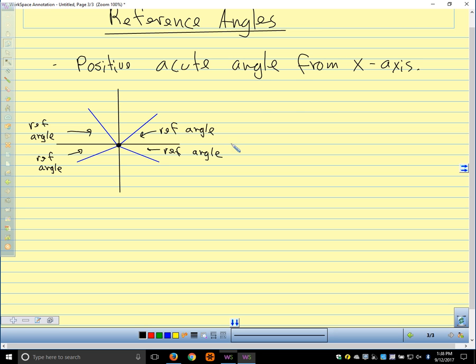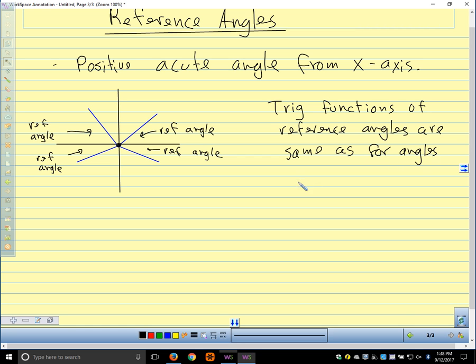And reference angles are nice because the trig functions of reference angles are the same as the functions in the standard position, except for possibly a plus or a minus.